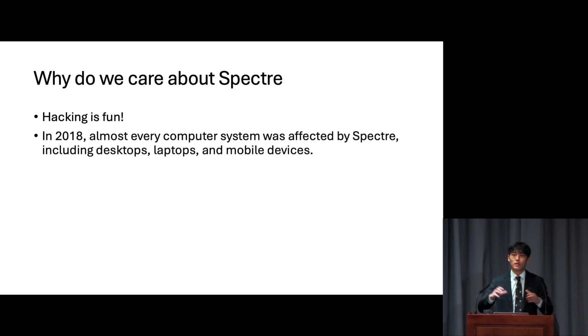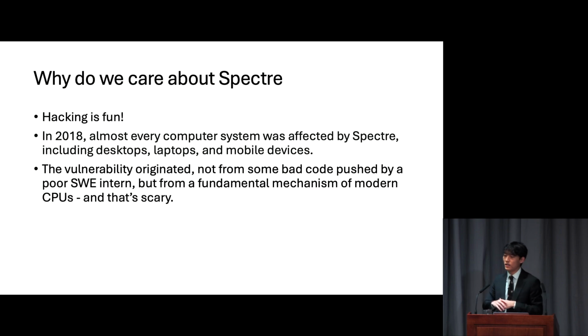And here in the audience today, we're all computer scientists, and Spectre is very interesting in the sense that it will tickle a computer scientist's brain, because the vulnerability originated not from some bad software code that was pushed by an intern.